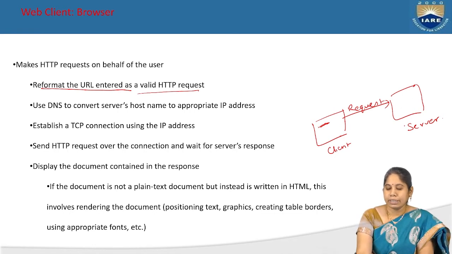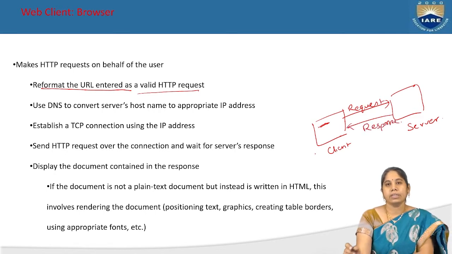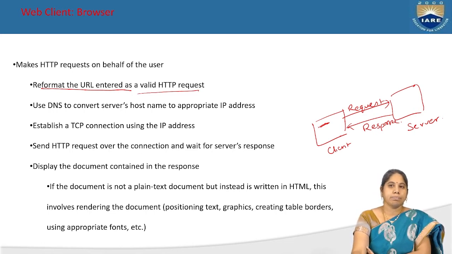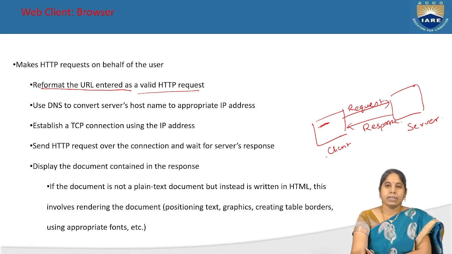Then in the server, that request is processed and the response is sent back to the client. If the document is not plain text but is written in HTML, then the browser renders the document back to the client.